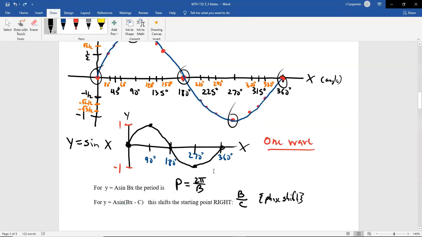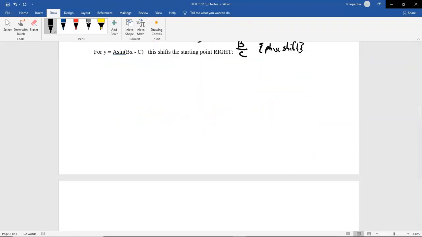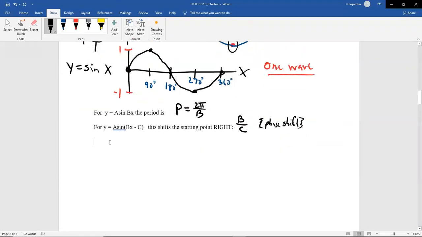So be careful there. And just an asterisk, if it was a sine of bx plus c, it would shift left instead.